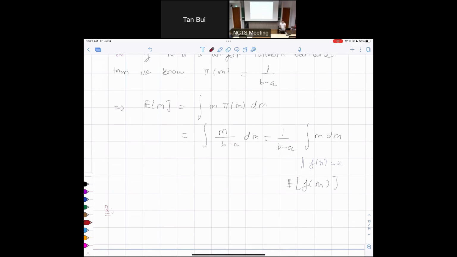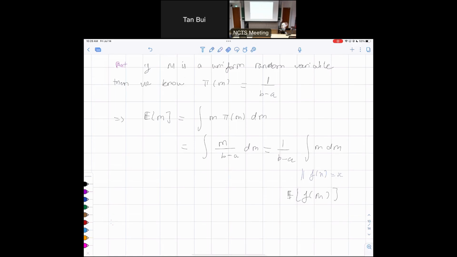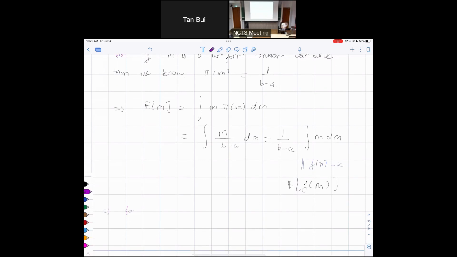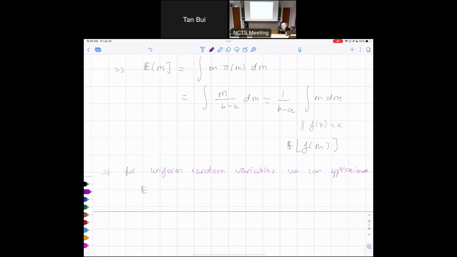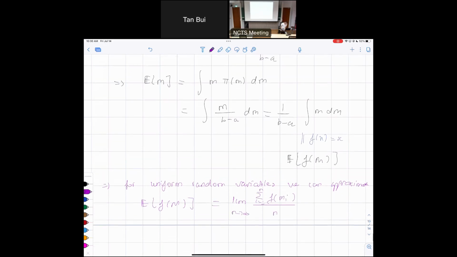Let's make a conclusion: therefore, for uniform random variables, we can approximate the expectation of any function of M. We know that this is equal to the limit of the summation of f of mi, i from 1 to n, over n, as n goes to infinity. That's what we just showed.